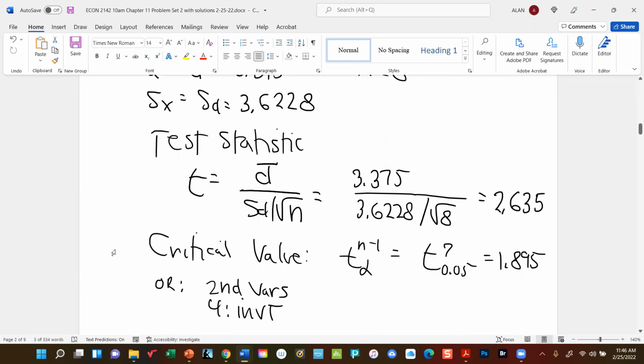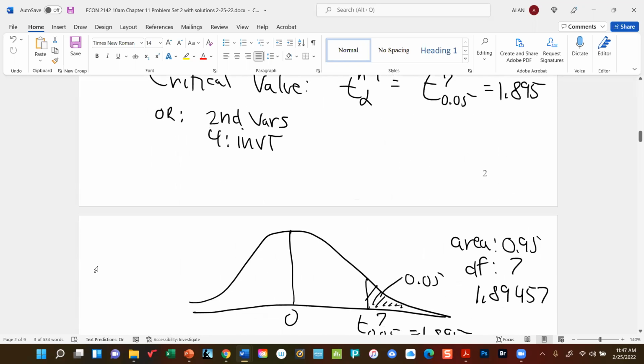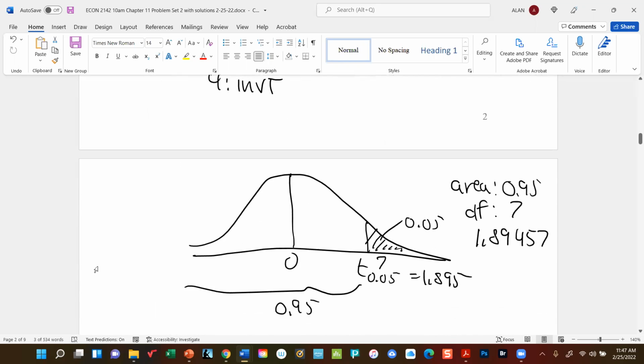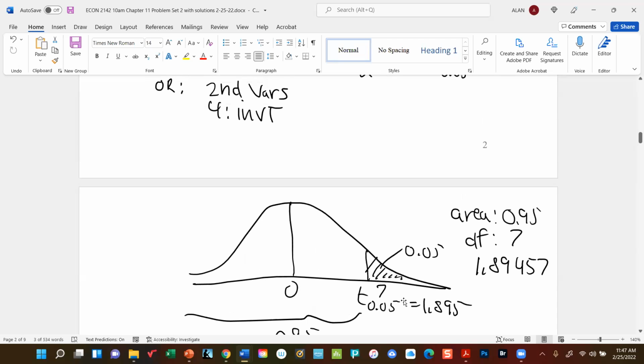yes, INVT. So if you go to 2nd VARS, number 4 is INVT. And it's going to ask you for 2 pieces of information. It's going to ask you for an area, and it's going to ask you for the degrees of freedom. Now, if you're using the original TI-84 like I have, it's going to assume you mean the area below the point you're looking for. So instead of giving it an area 0.05, you'll give it an area 0.95.